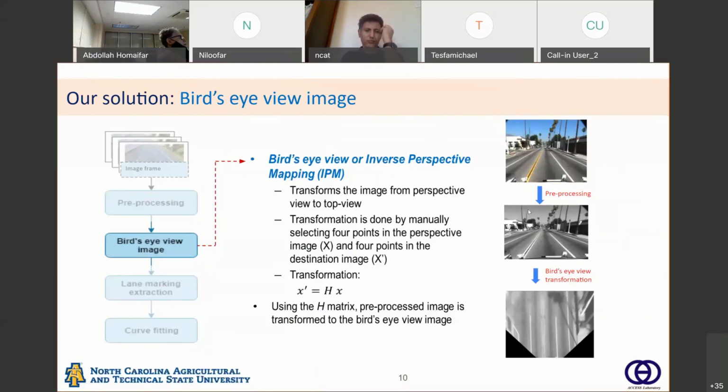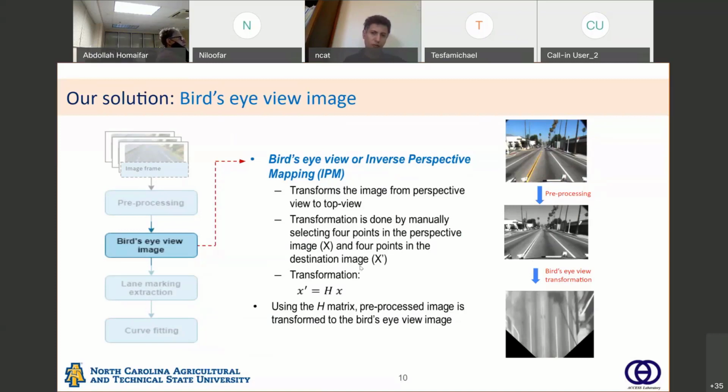So this is very helpful even later on to combine this visual perception result with map data or some other sensor data. So to do this transformation, we have to use either camera calibration information together with the camera orientation or location on the vehicle in order to come up with this transformation matrix.